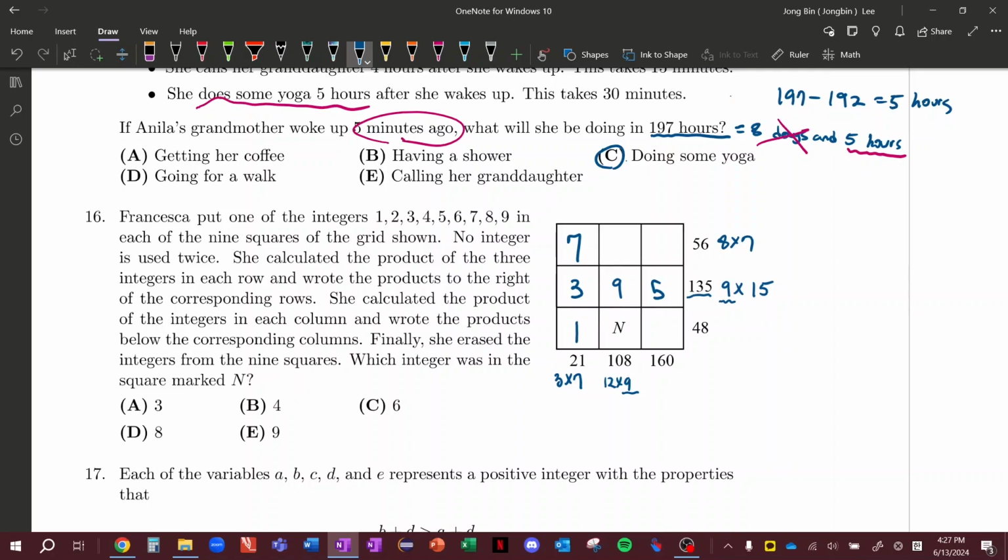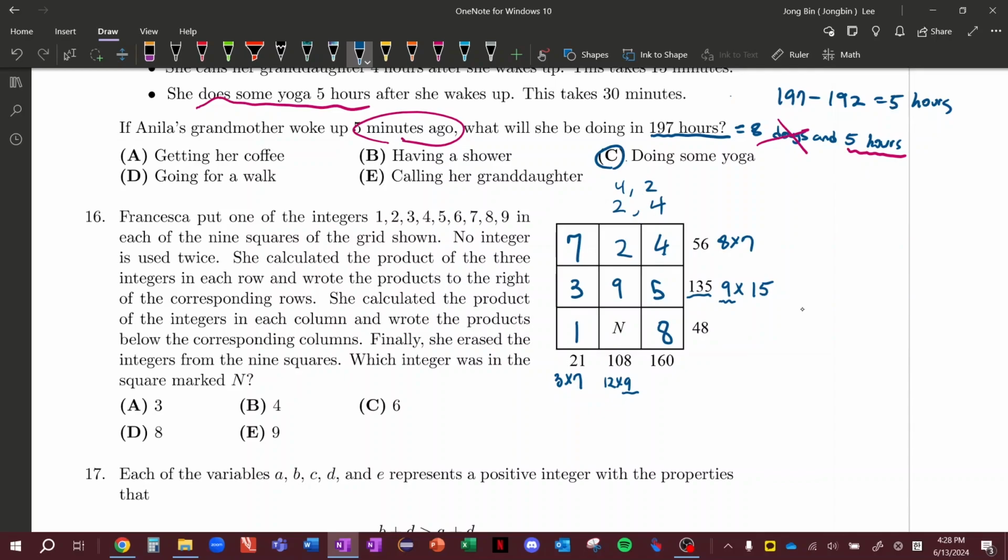And next, let's see. So we have these 2 boxes, which could be either 2 and 4 or 4 and 2. And actually both could work, but if we try 4 and 2 here first, then we get 5 times 4 is 20, and 20 times 8 is equal to 160.